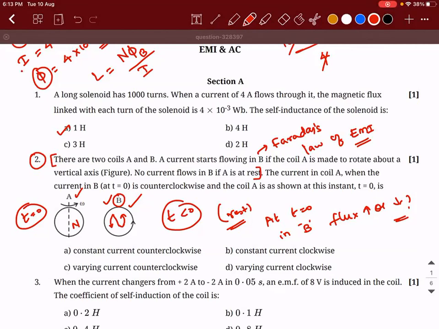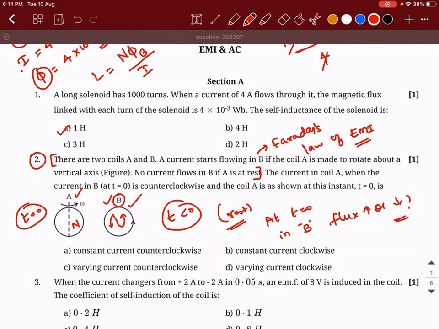But thing is, the coil is put into such a revolution. Wait, when you see from the top, the coil will rotate in the clockwise direction. When the coil is rotating in clockwise direction, the magnetic dipole moment will be at the bottom. This will be north and south.